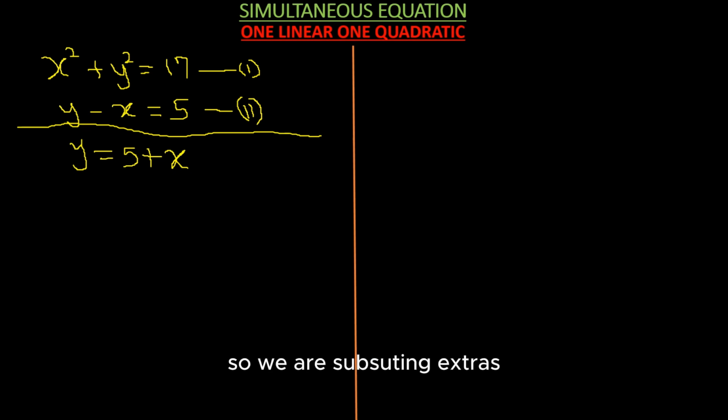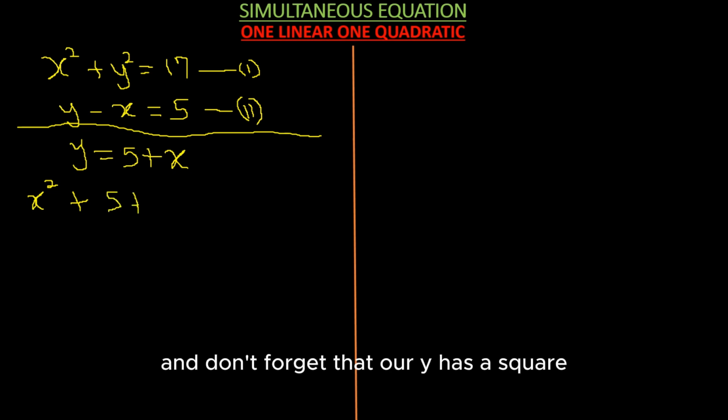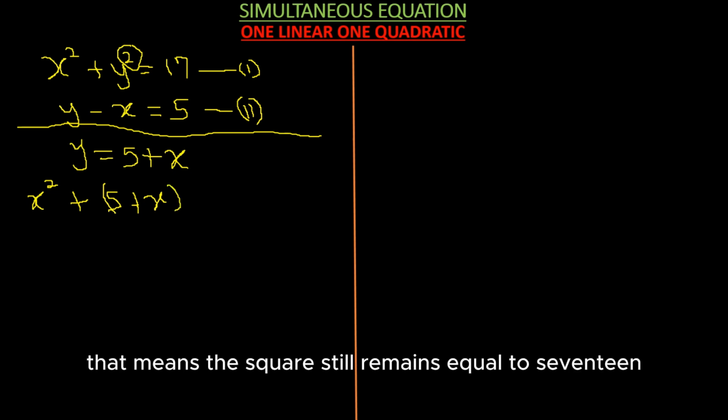So in equation 1 we have x squared plus, now instead of y we put 5 plus x, and don't forget that our y has a square. We are only substituting the y, so the square still remains, equal to 17.